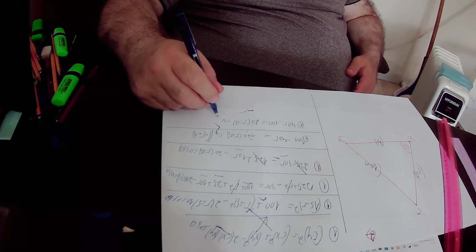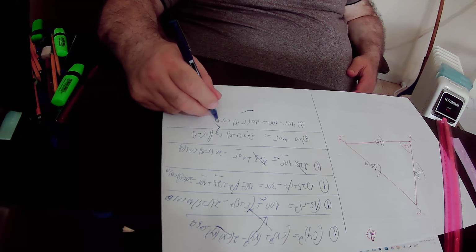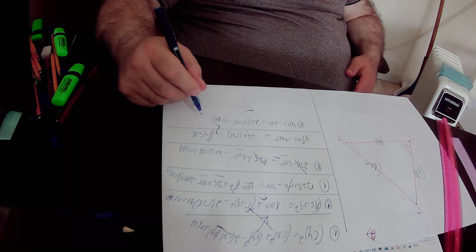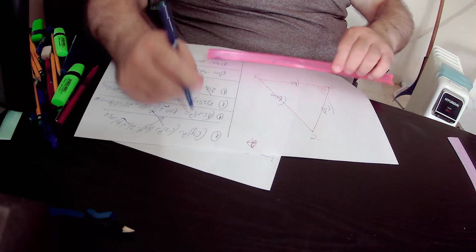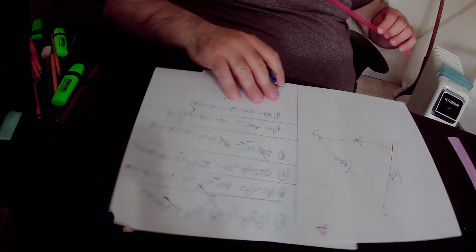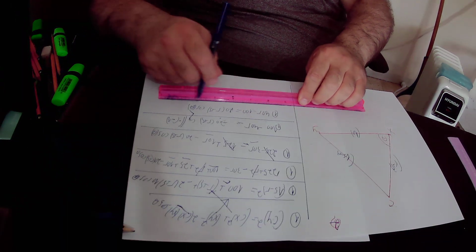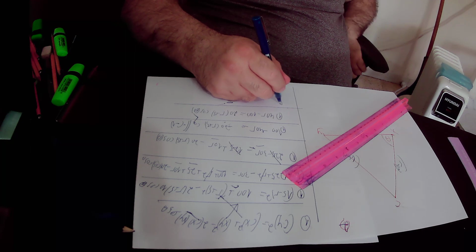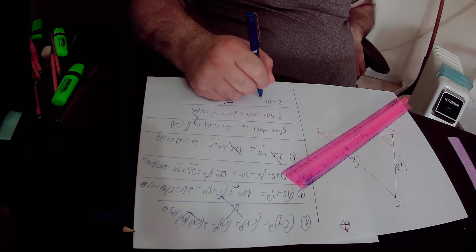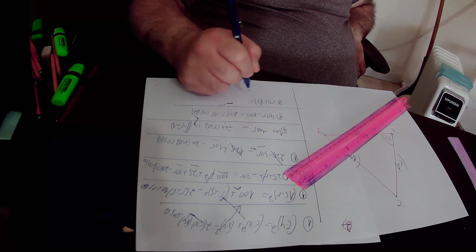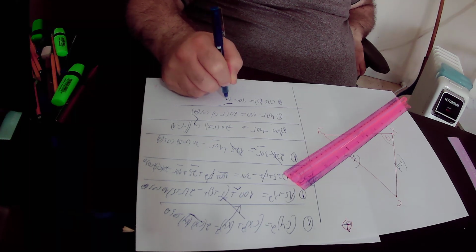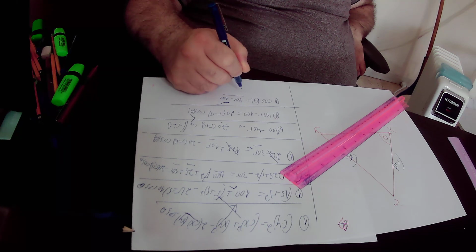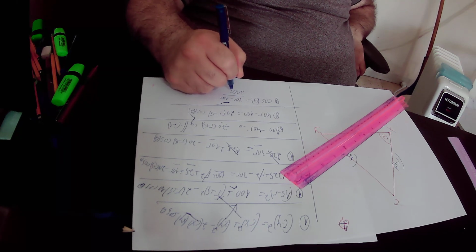Here we will divide equation number 1 by 20 times R plus 5, and we will get that according to equation number 1, cosine theta equals 40R minus 100 over 20 times R plus 5.